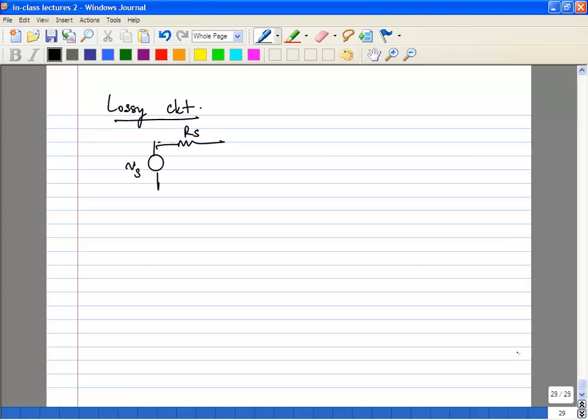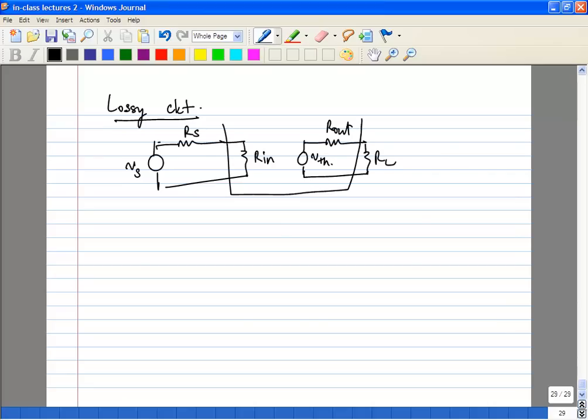So we can replace the lossy circuit with an Rn. We'll call the source VThevenin. This is your lossy circuit.